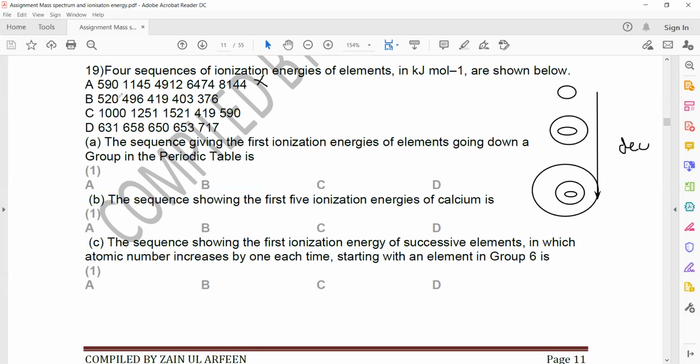When you check this one, 520, 496, 419, 403, 376. So for B, as you can see, as you go down, ionization energy decreases. All the values are decreasing. Why not this one? It's 1000 and 1200, then suddenly down, increase and then it decreases. So this cannot be. That's why B is the right answer. Is it clear?